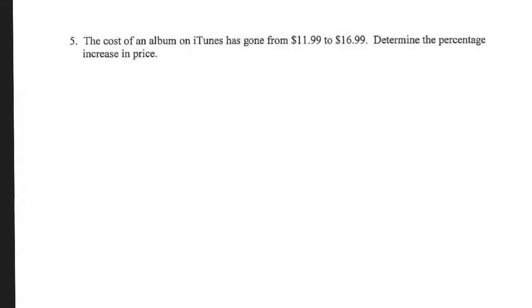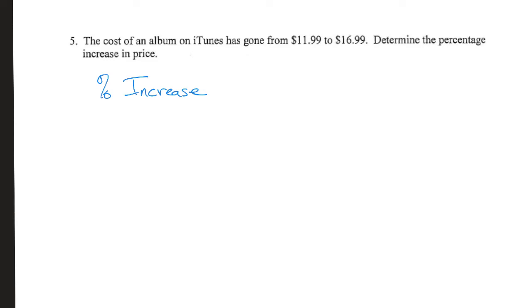Question 5. The cost of an album on iTunes has gone from $11.99 to $16.99. Determine the percentage increase in price. Okay, we need to come up with a percentage increase. So the way we calculate a percentage increase is we actually look at that wording backwards.